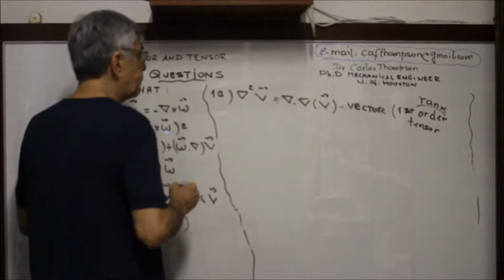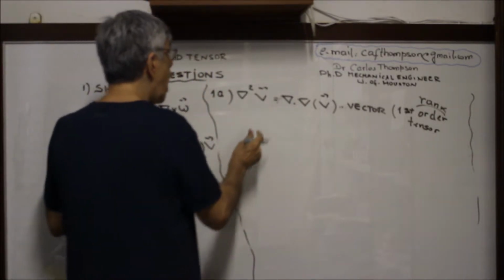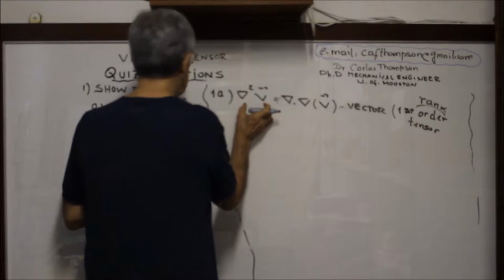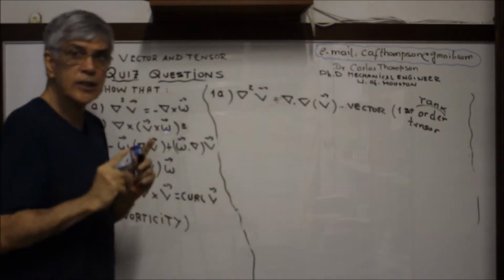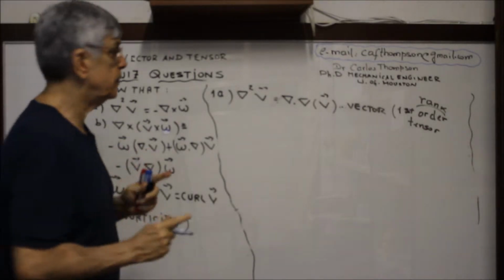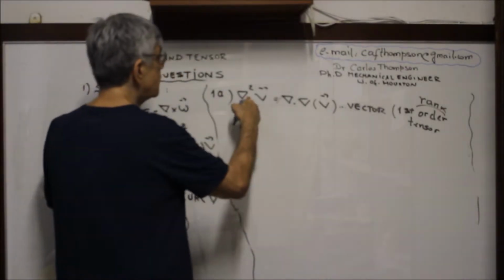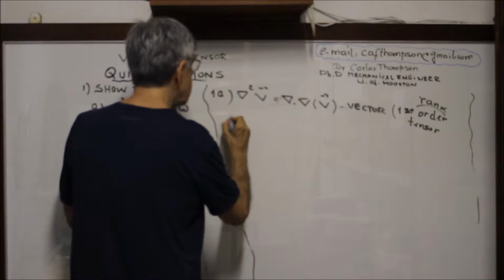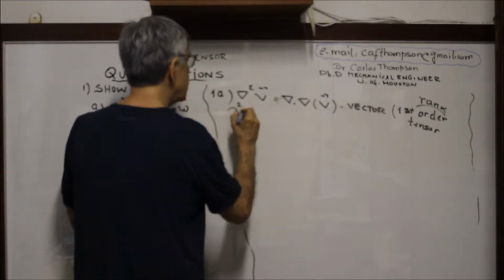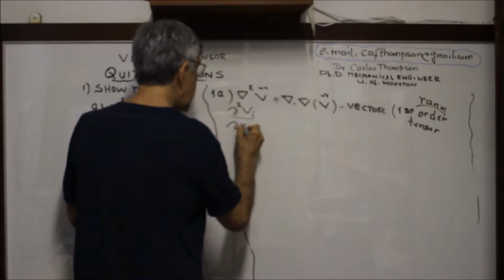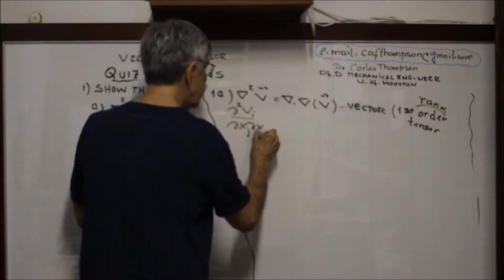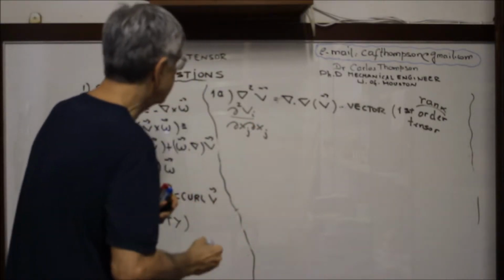Now let's do this. How do I represent the left-hand side using Cartesian tensor notation? This is a second derivative. I can write here the second derivative of vector Vi with respect to xj. That's a Laplacian.